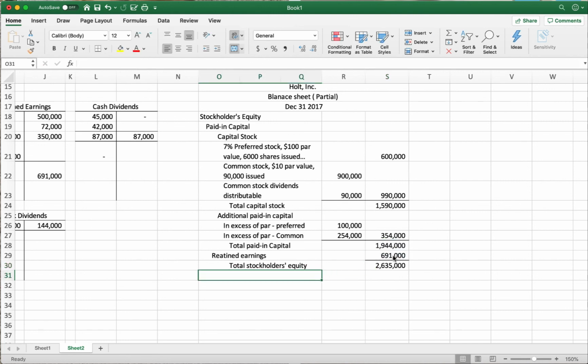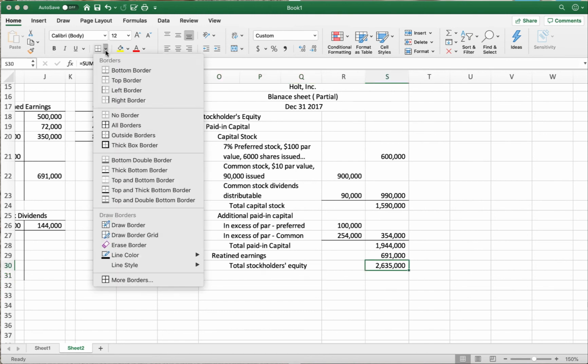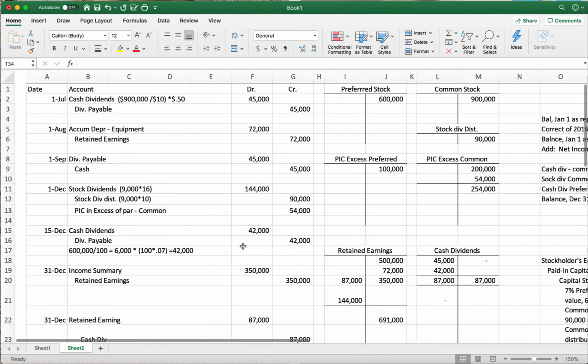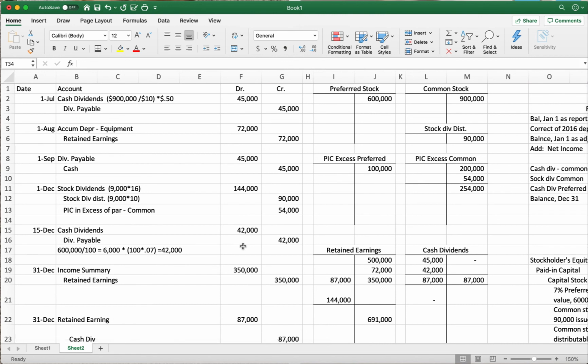And I get $2,635,000. To make this correct or in proper form, I need to put my double bottom border to show that I footed this column here. Okay? And that, my friends, is how you do problem 14-2B. You now have a template, if you will, or an example of how to do your homework problems for 14-2A.